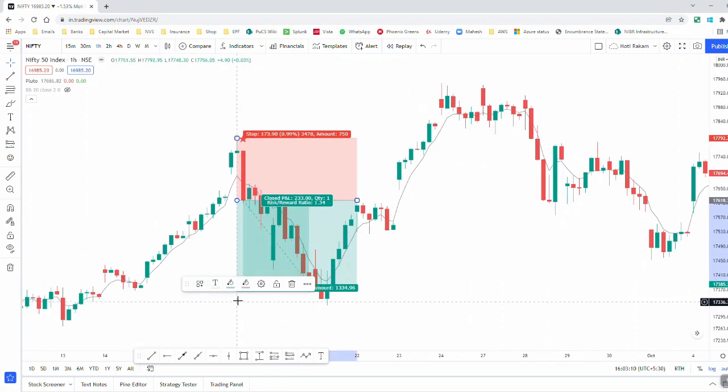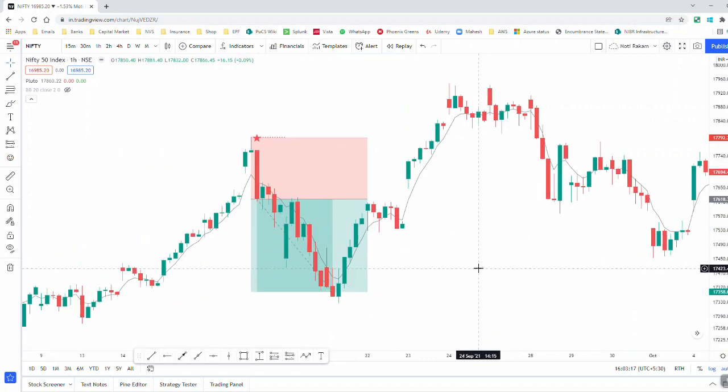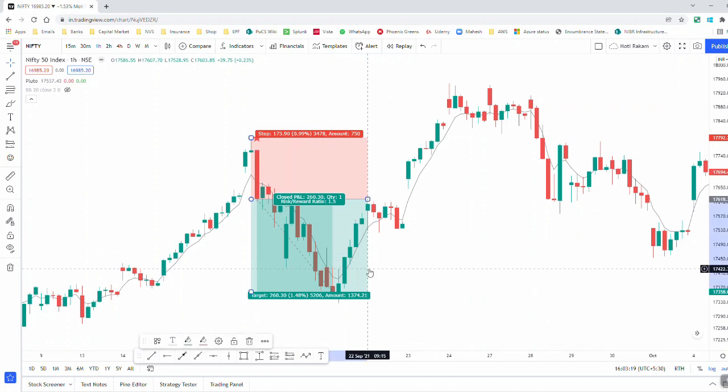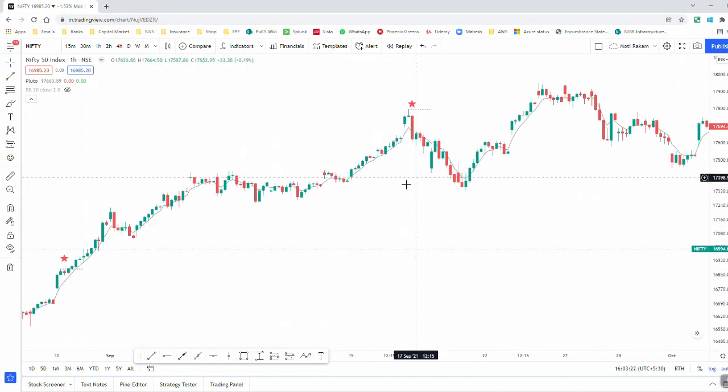So my 1:1.5 should be here. In most cases it is supposed to give us at least 1:1.5.